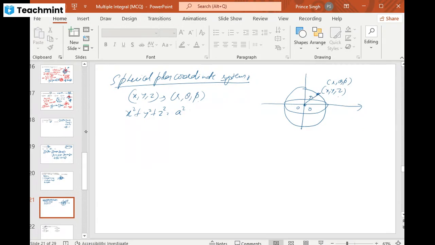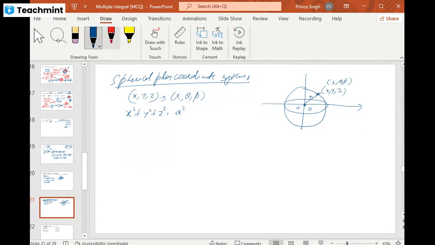and let us suppose that the angle with the z-axis, this is the z-axis, this is the x-axis, and this is the y-axis, so this angle with the z-axis is theta.